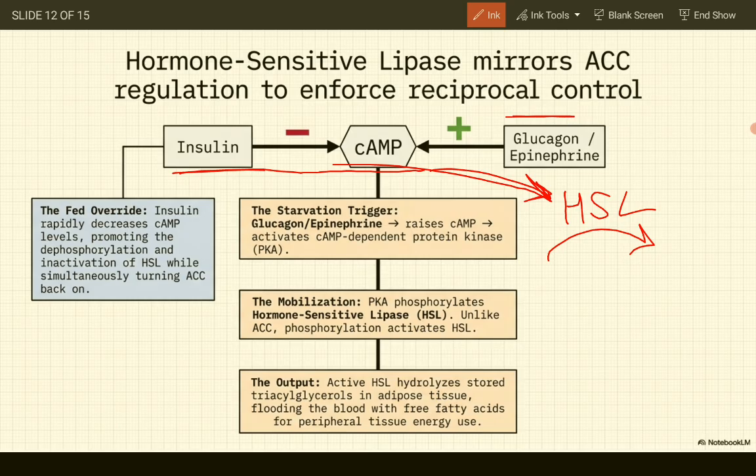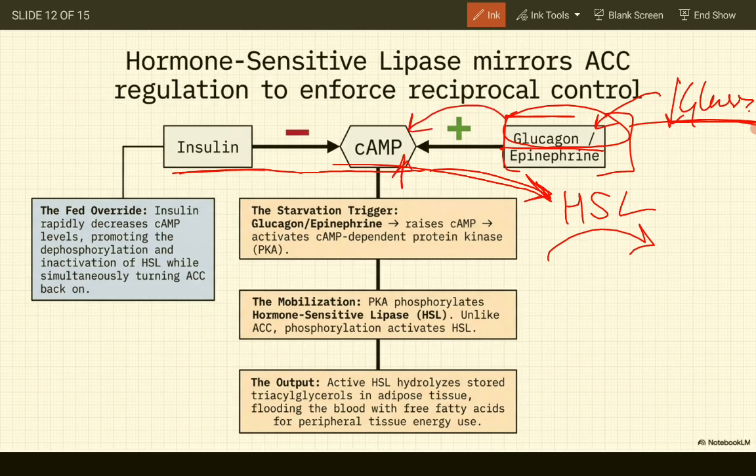While on the other hand, glucagon and epinephrine: glucagon is produced when there is low glucose in the blood and more glucose is required. So it positively affects cyclic AMP.